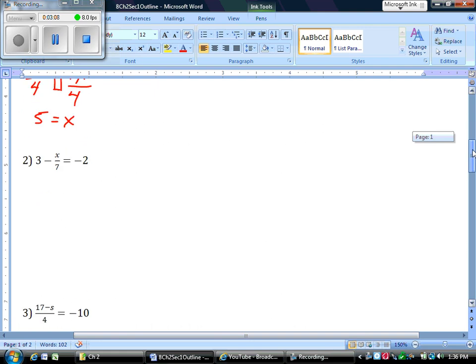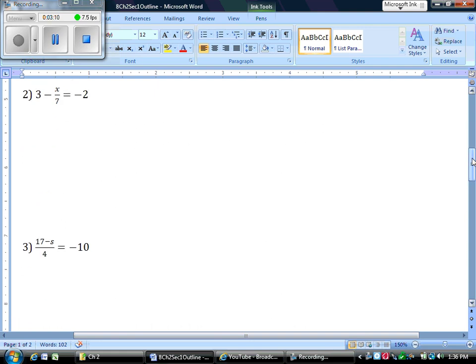Second example we have here, a little bit more difficult. Again, first thing we need to do is check to see if there's any parentheses. There's no parentheses to get rid of. All the constants are on one side. We can't simplify on either side. So we need to start by getting rid of things. I have a positive 3 here, so I need to get rid of that first, which leaves me with a negative x over 7. Don't forget this minus sign here.